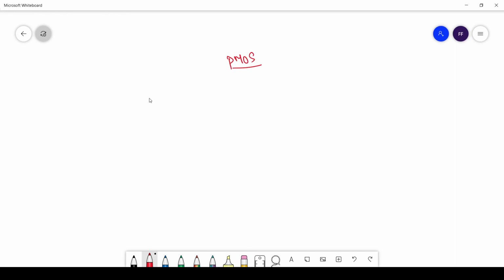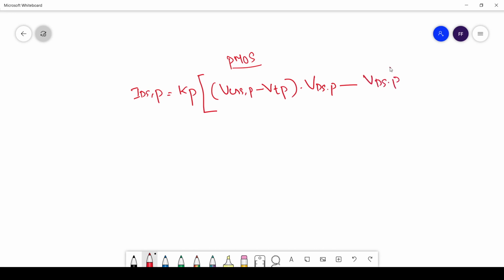For the linear region, the equation is IDS of P equal to Kp, here we use Kp instead of Kn, into VGS of P minus VTP, the threshold of PMOS, into VDS of P minus VDS of P the whole square divided by 2.